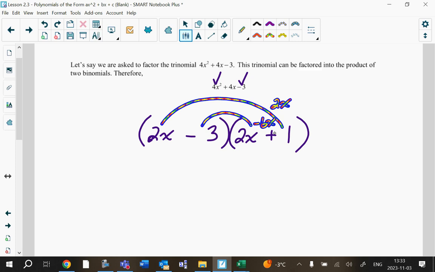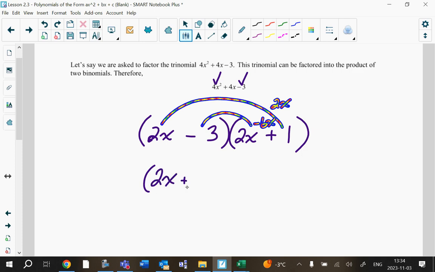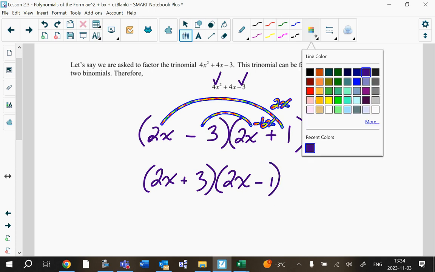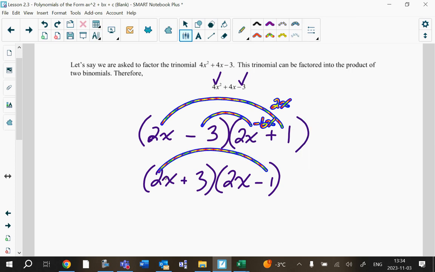What do you think I could do? Flip the 1 and 3? I've got the right number. I just have the wrong sign. Flip the signs. So if we did 2x plus 3 times 2x minus 1, and we did the rainbow to it, I get -2x plus 6x, which is plus 4x.